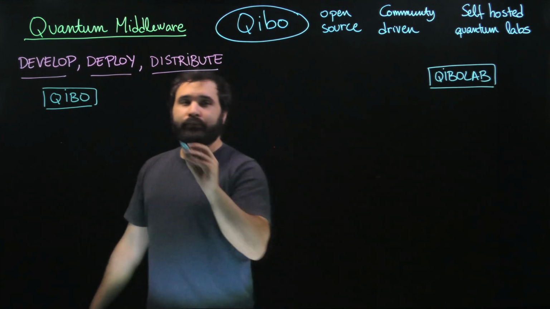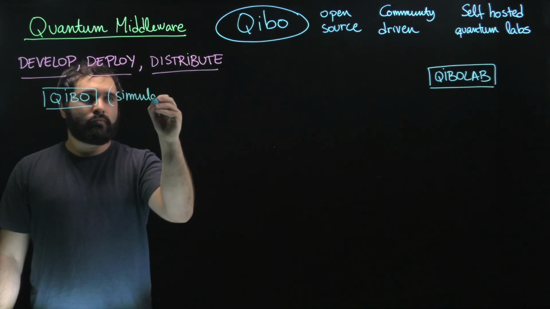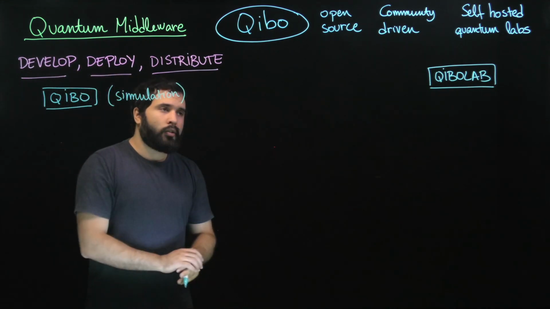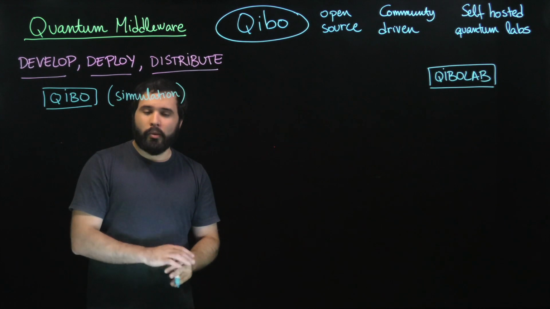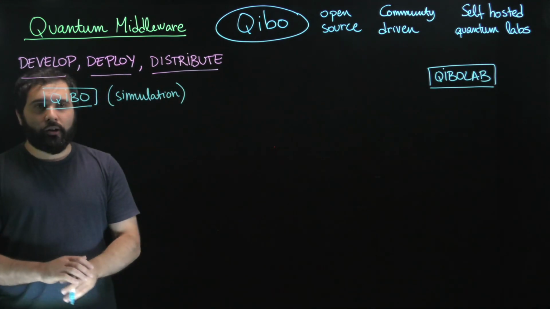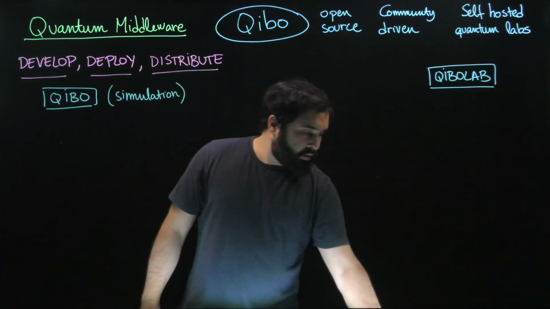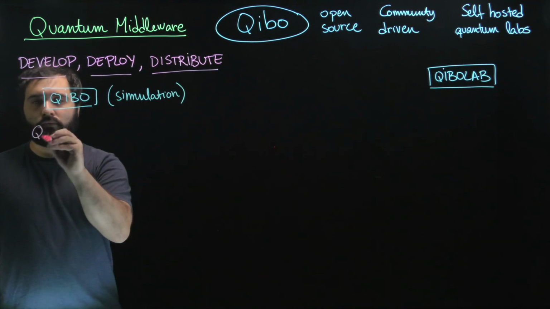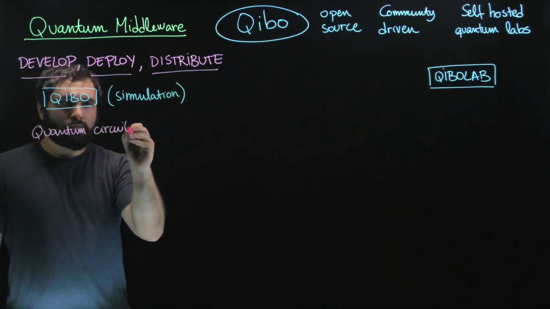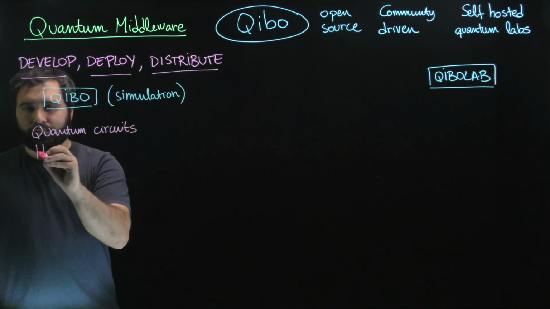For software and simulation, Qibo provides a bunch of tools to both create and further understand algorithms, either based on quantum circuits or Hamiltonian and adiabatic evolution.